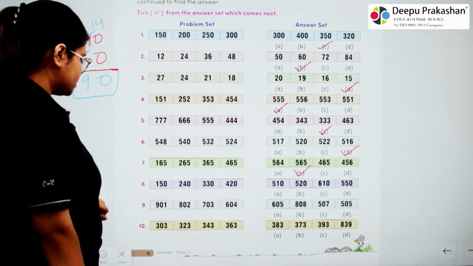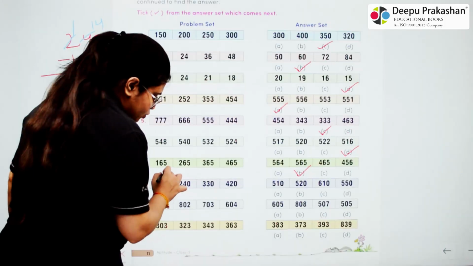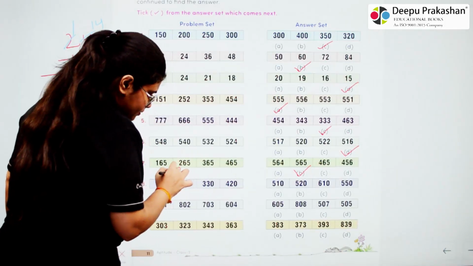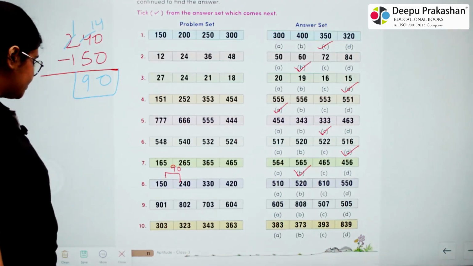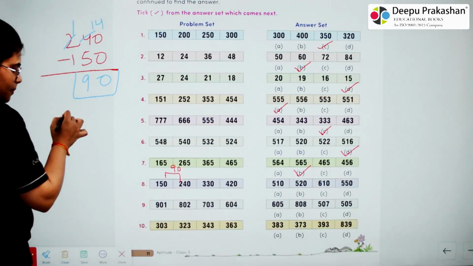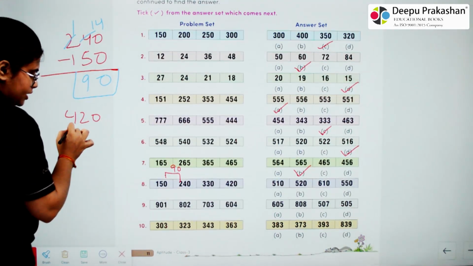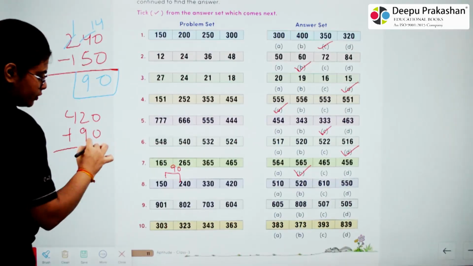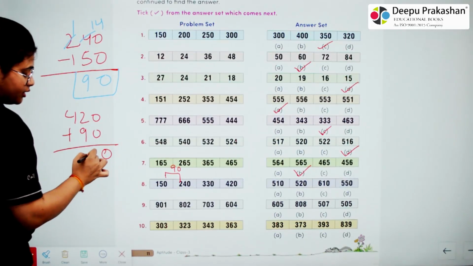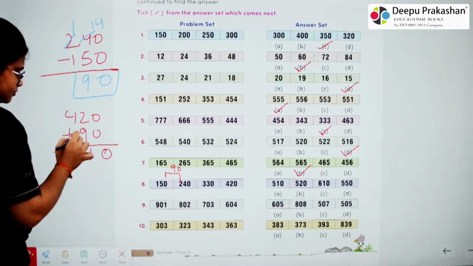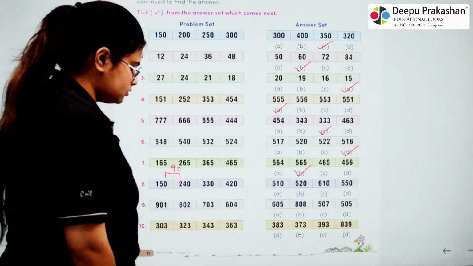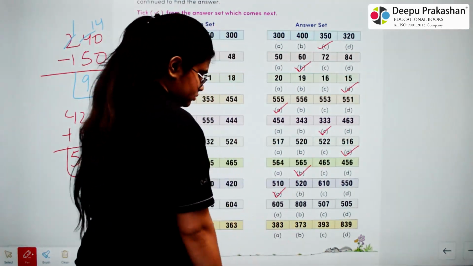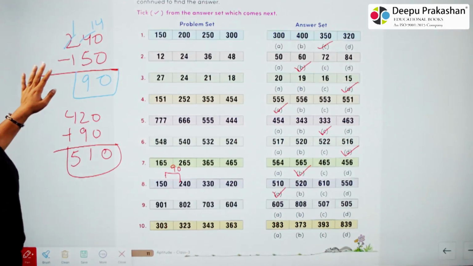So the difference between two numbers is 90. So to find the number that will come after 420, we need to add 90 to 420 to get our answer, that will be 510. Okay.